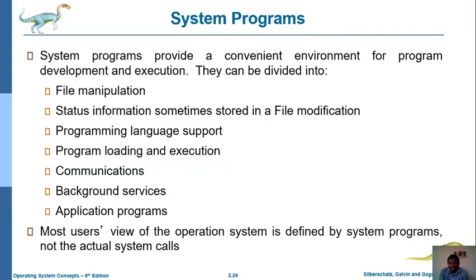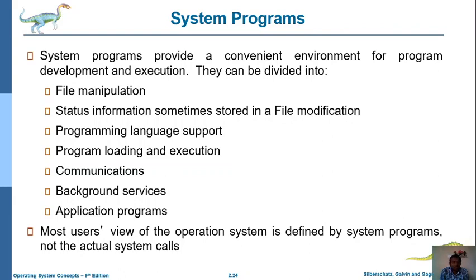For that purpose, as we discussed in the last session, to easily interact with the operating system, we use the system call. Here, these system programs help to easily interact or communicate with the system calls.